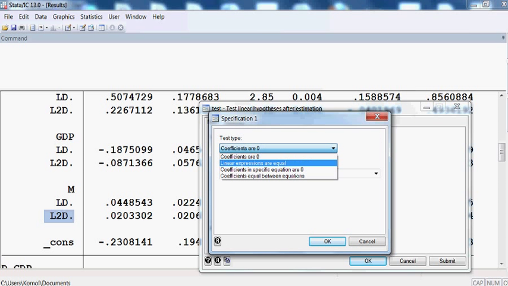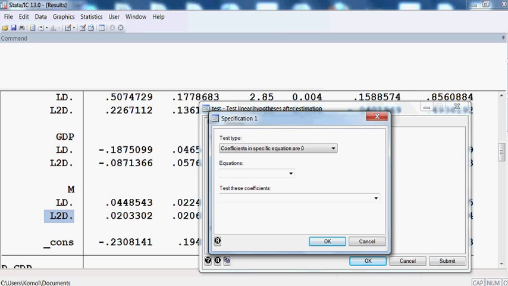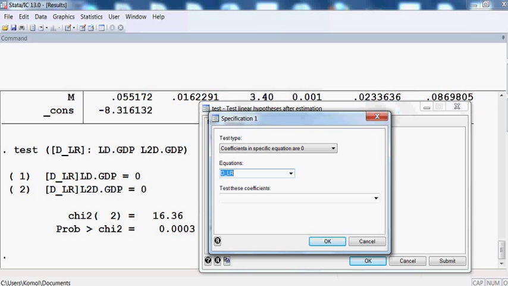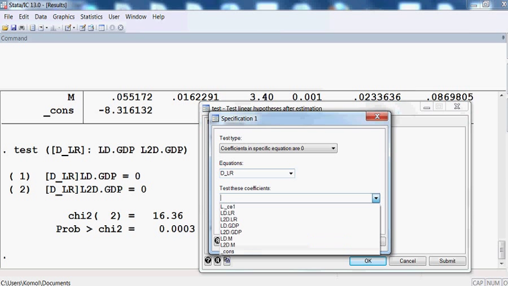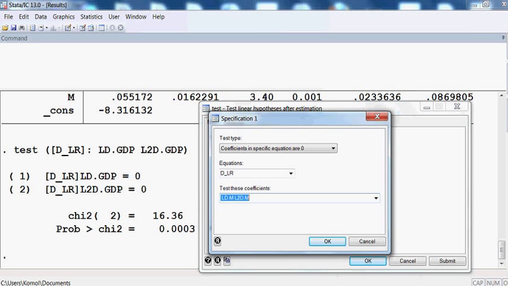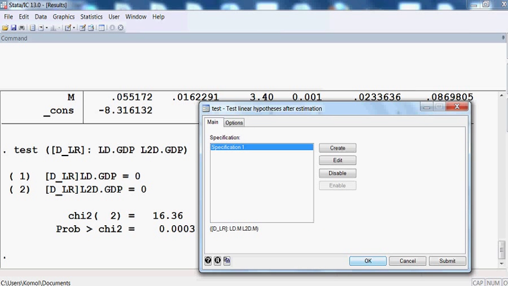As before, I choose this one, and equation is DLR, and this time we want to check whether money supply, that means lag 1 of money supply, lag 2 of money supply, are equal to 0 or not, right? Okay, I press OK. I press OK.